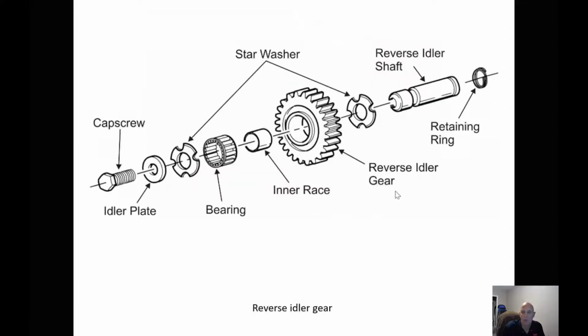When we take a look at reverse idler gears, again, a reverse idler gear is just another gear between two to give us a change in direction. When we're removing and installing our reverse idler shaft, they use a spiral snap ring, and in most cases when removing it you're going to damage it, and if it's damaged, don't reuse it. Always put a new one on.